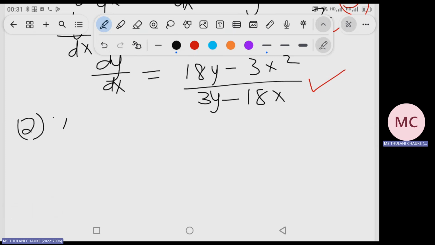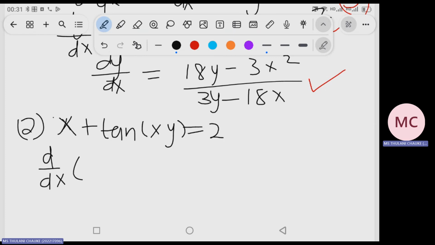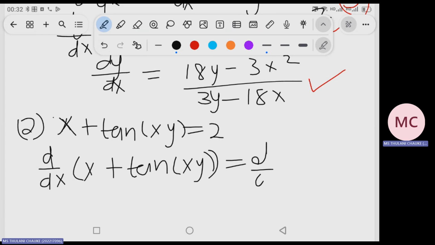Okay, the second question is when you've got x plus tan of xy, you're having this equal to 2. And then you'll have d over dx of x plus tan of xy is equal to 2. And then you'll also have to introduce d over dx on the right.